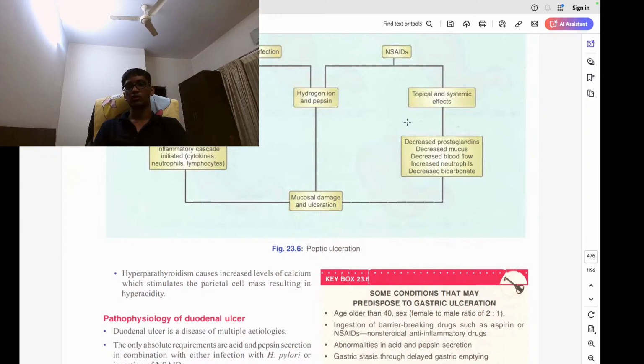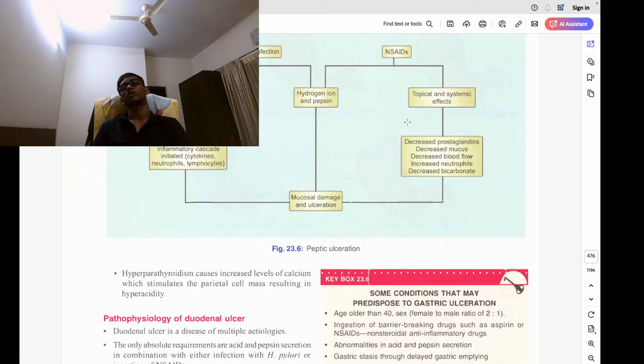So H. pylori infection is there, and NSAIDs are there. H. pylori infection causes release of cytokines, lipopolysaccharide, etc. It also causes hydrogen ion and pepsin release. NSAIDs also cause hydrogen ion and pepsin release, and topical and systemic effects. The hydrogen ion and pepsin cause mucosal damage.